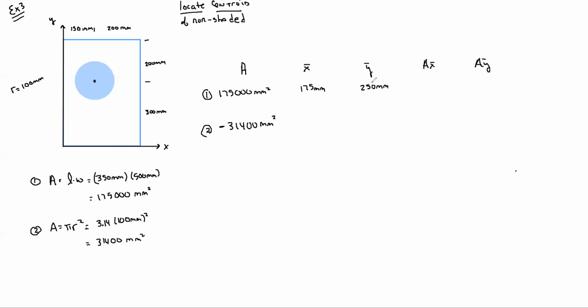Now for the circle, the table says it's the diameter divided by 2, which would be the radius. The radius is 100, but I've got to start at the origin. So to get to the center from the origin, I go 100 plus this little 50 millimeter piece, so 150.